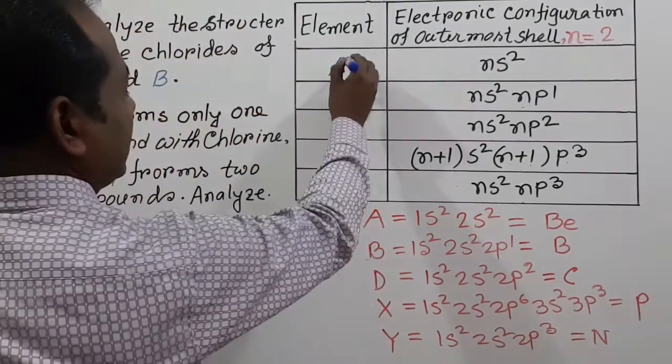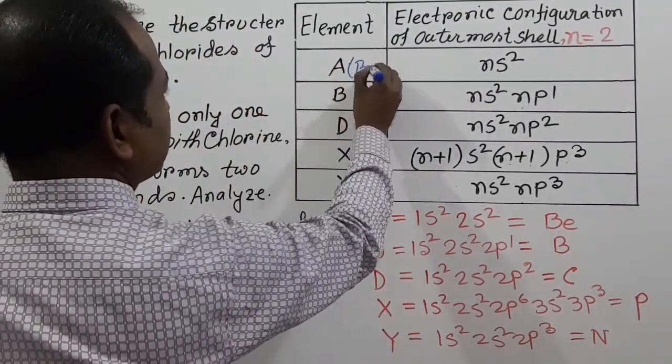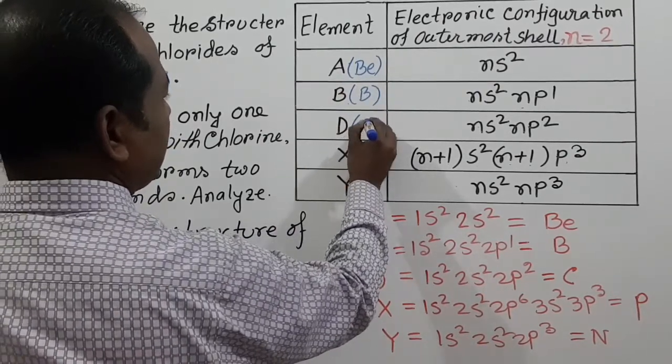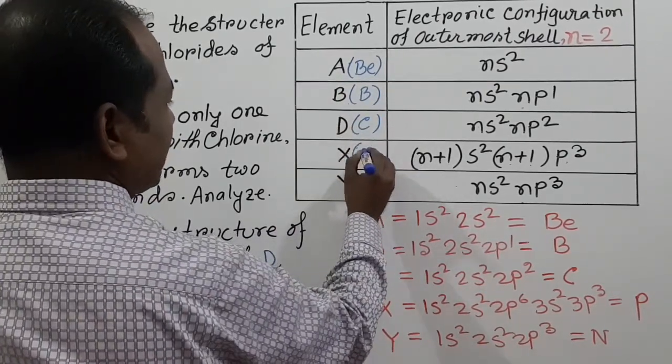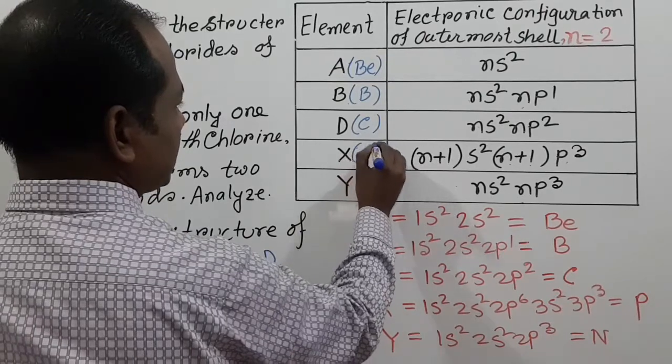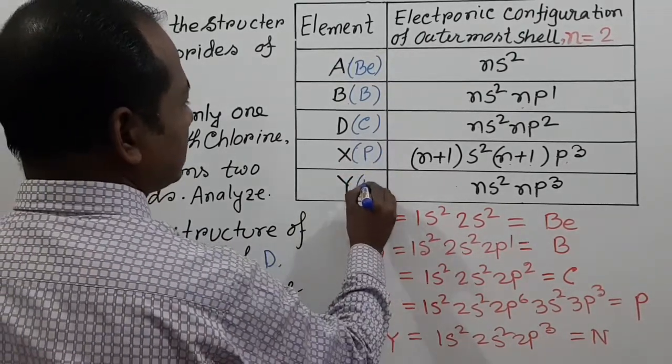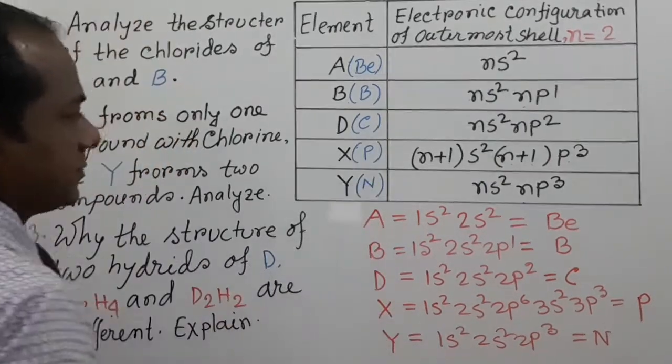So A is beryllium, B is boron, D is carbon, X is phosphorus, and Y is nitrogen.